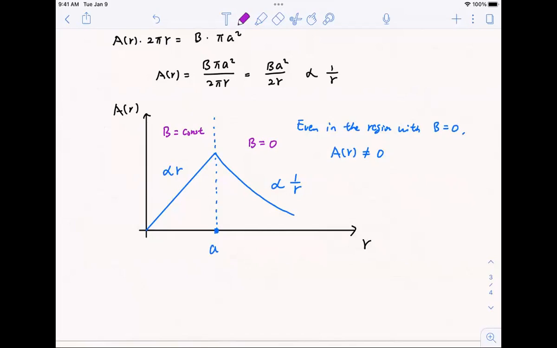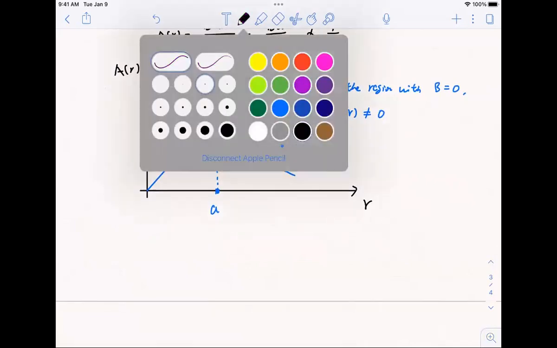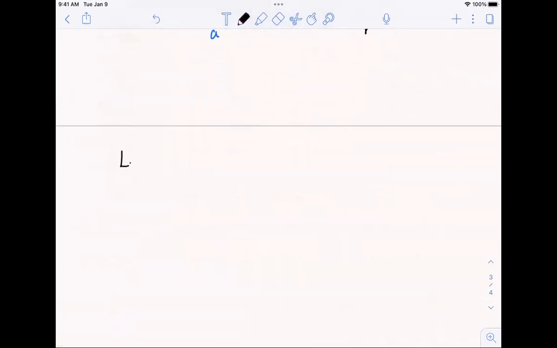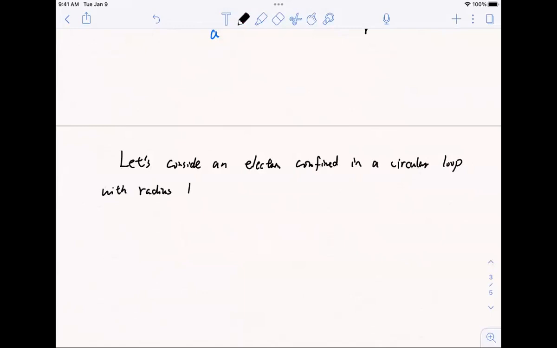Okay, so now let's consider an electron confined in a circular loop with the radius b.